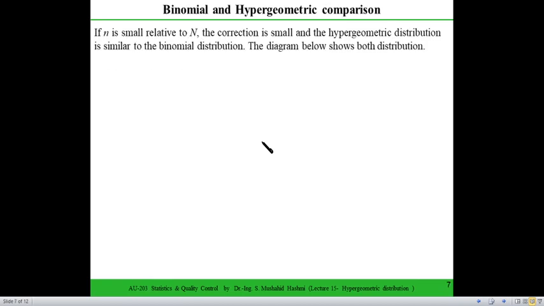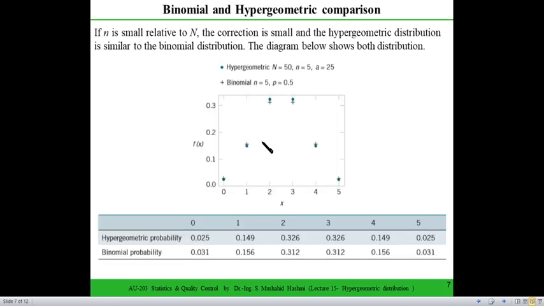So if your sample size n is relatively small compared to the population, then the correction is small, and the hypergeometric distribution gives you about the same result as the binomial distribution. We can see that, for example, here for a population of 50 and a sample size of 5, when you pick 0, 1, 2, 3, 4, this line represents the hypergeometric probability and this one represents the binomial probability.